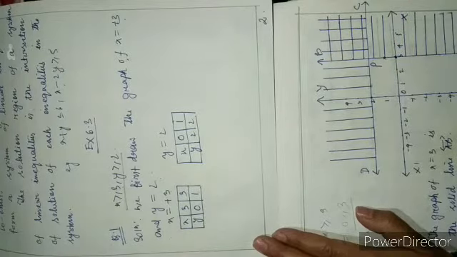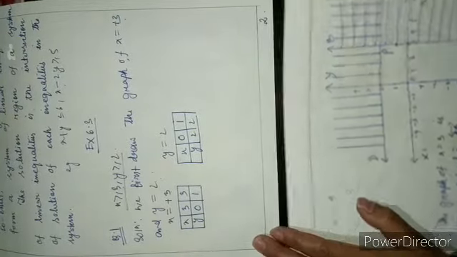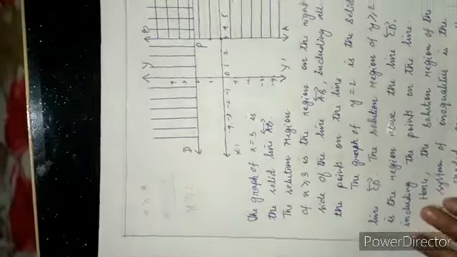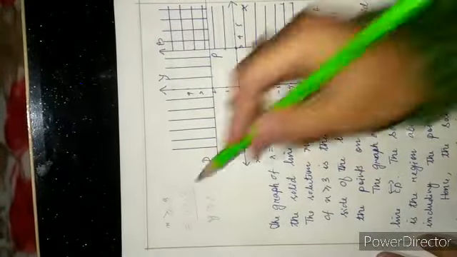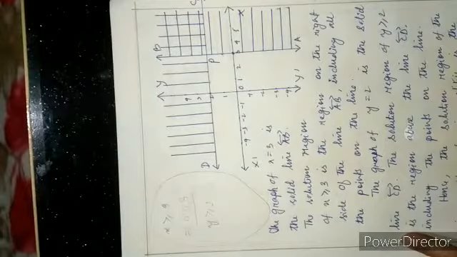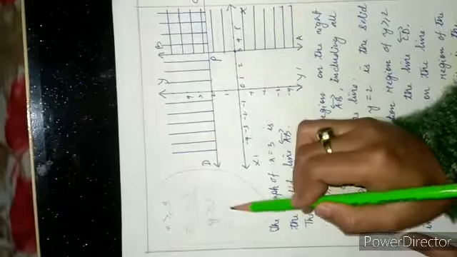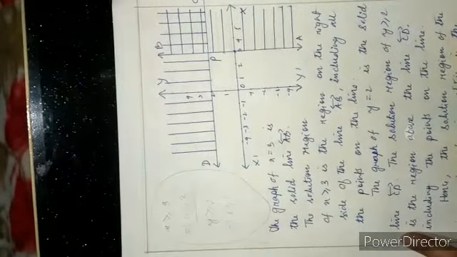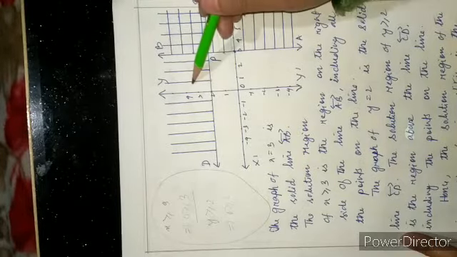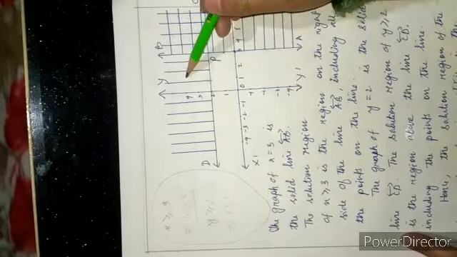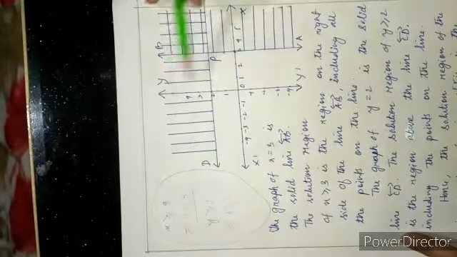To find the correct half plane, we select an arbitrary point, say the origin. Putting the origin's value in y greater than or equal to 2, the y value is 0, and 0 is less than 2, so the plane not containing the origin, the plane above the line CD, is the correct half plane.